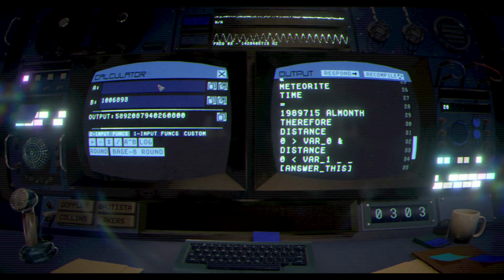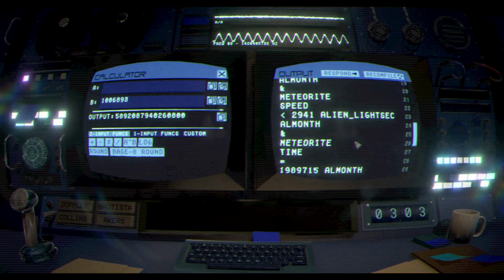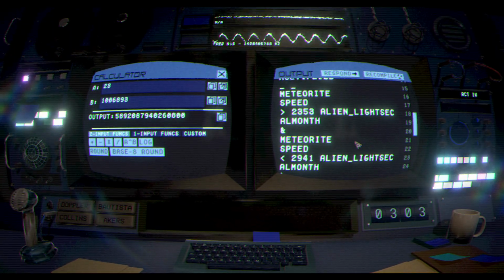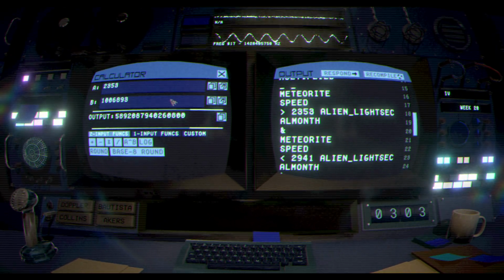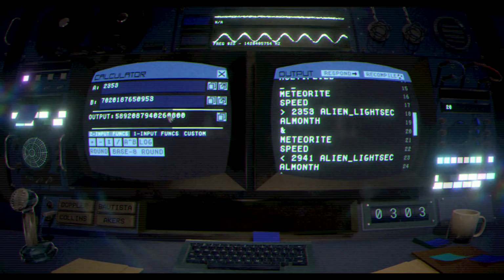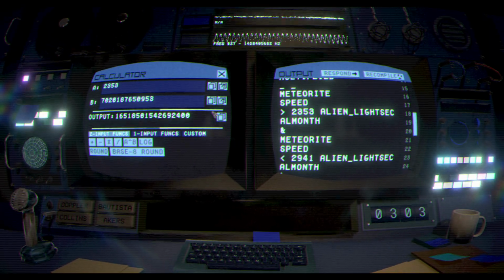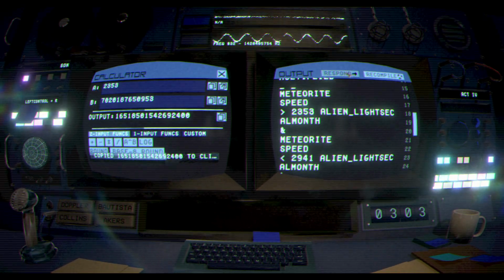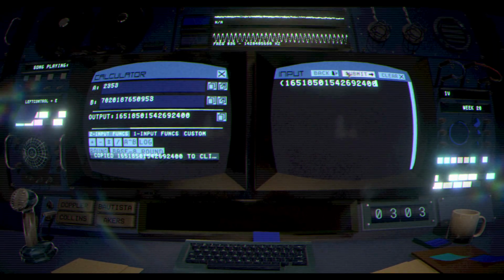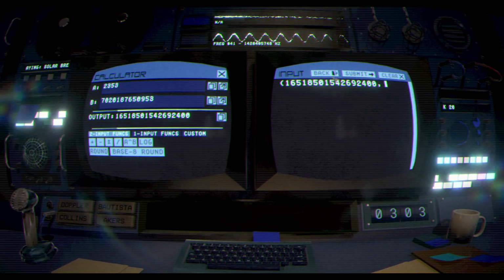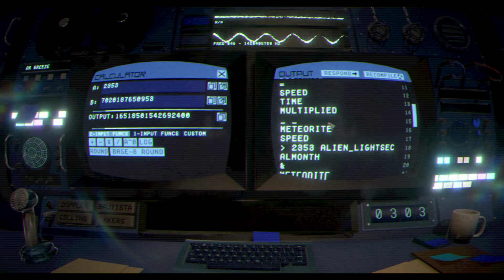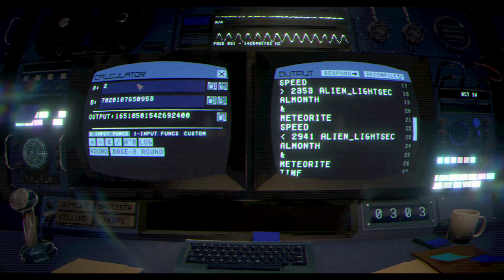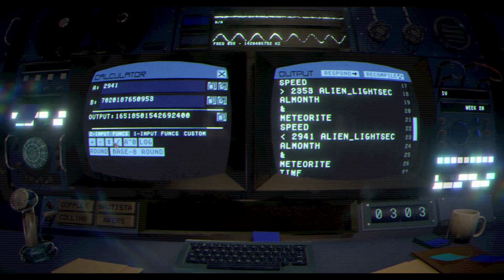I guess you traveled this far. It's the least I can do. 2353 multiplied by this number. I plugged it into Desmos off screen, so it was easier to move. And 2941.